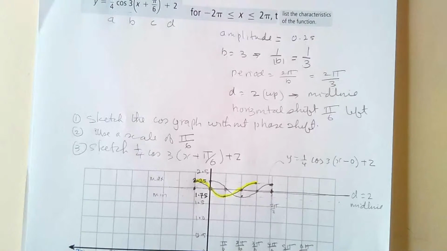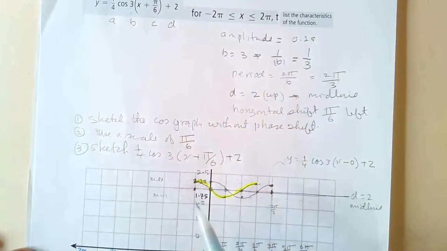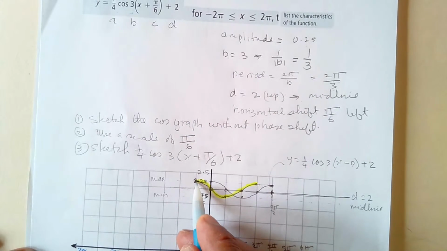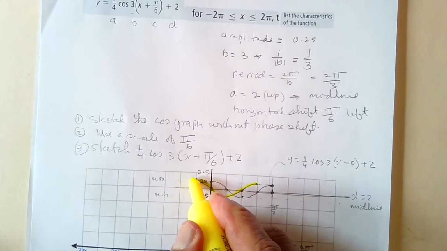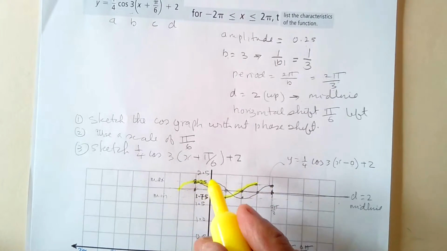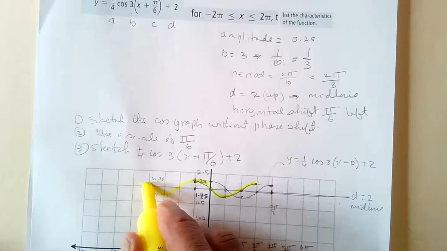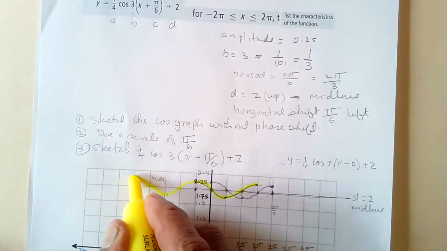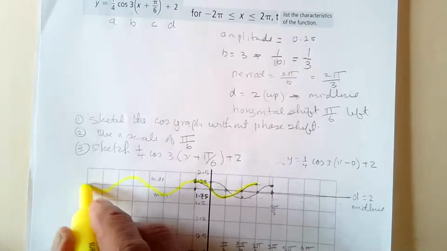Now, they want us to continue to negative 2 pi, so we can continue this graph here. Then it comes down here, goes up, it's there, and the trend continues.